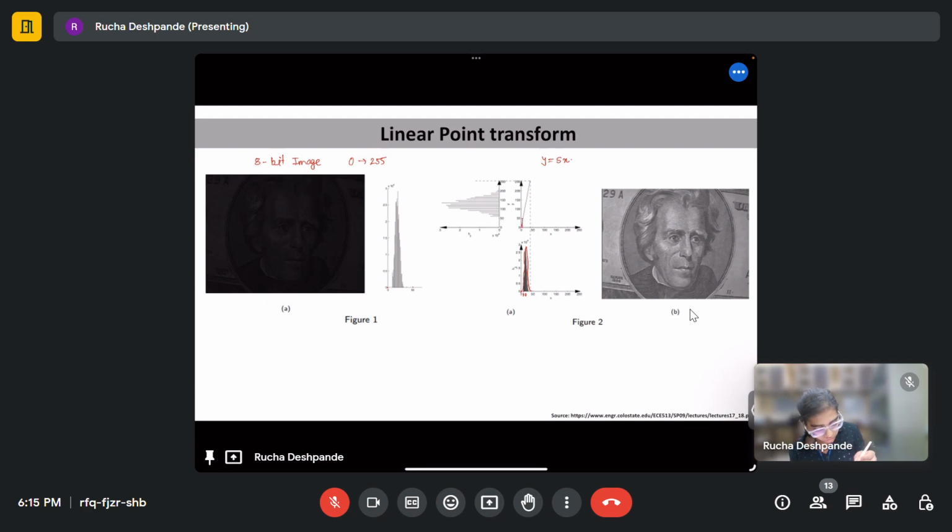So we plot the frequency of this histogram on the y-axis over here.